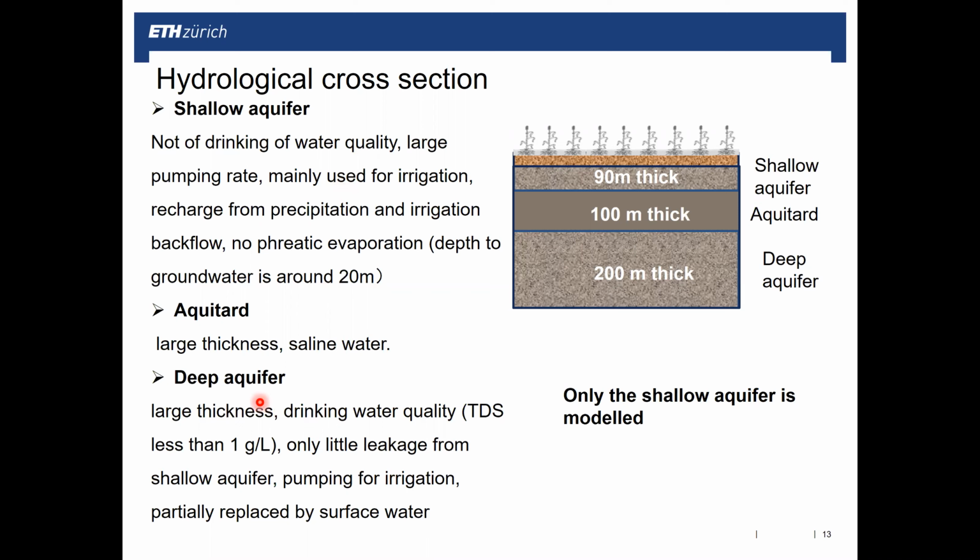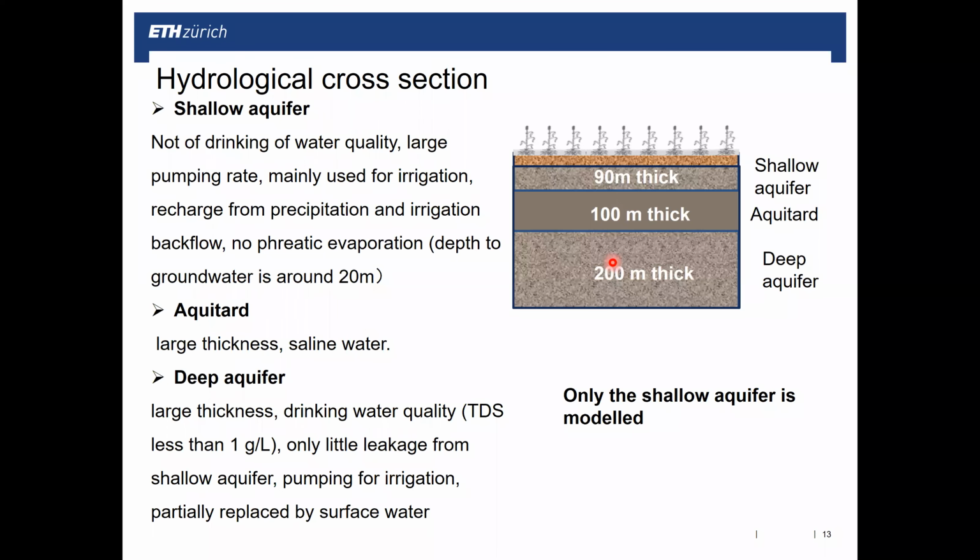And the deep aquifer is also quite large, and the TDS in the deep aquifer is less than 1 gram per liter. So this is really good water quality. And the deep aquifer only receives lateral leakage from the shallow aquifer, because the geochemical components of these two aquifers are quite different, and the groundwater levels in these two aquifers are also quite different.